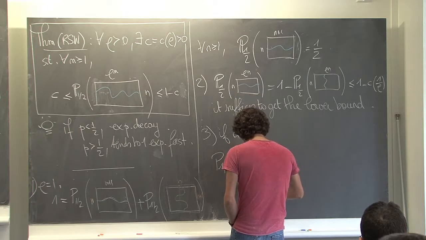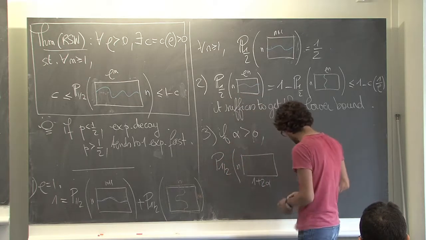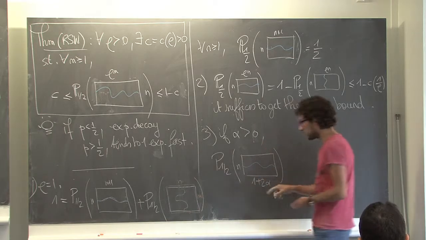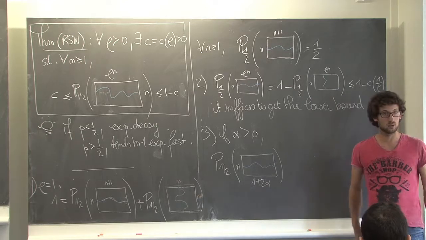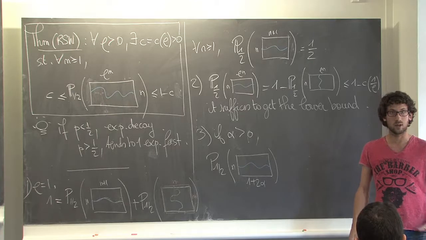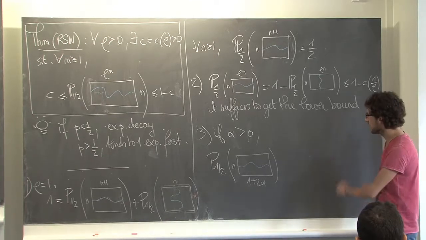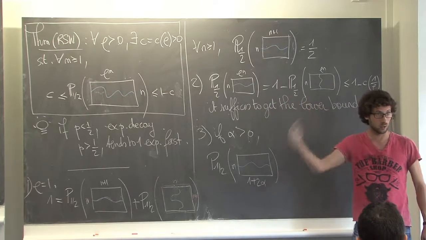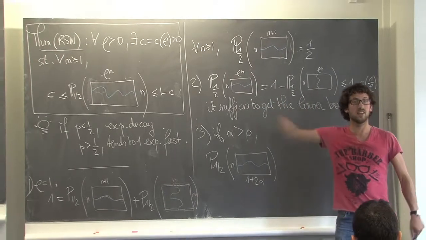Can I express the probability of going to distance 2 alpha, to having this guy, just in terms of crossing of guys that go to distance 1 plus alpha? I mean, aspect ratio 1 plus alpha. Another way of saying it, because it was not very clear: imagine I give you a lower bound for one rho larger than 1. Can you deduce it for any rho larger than 1?